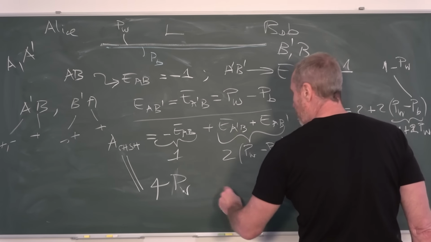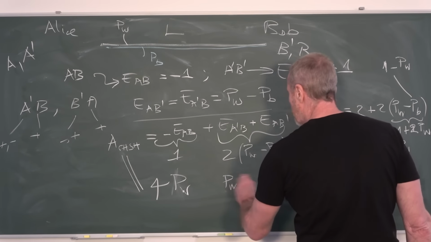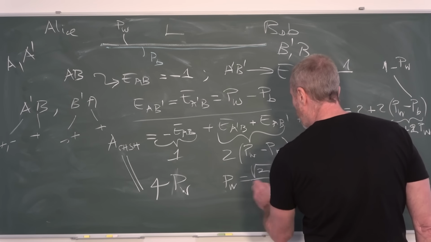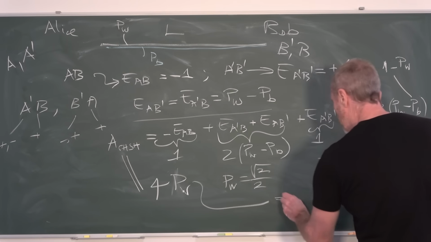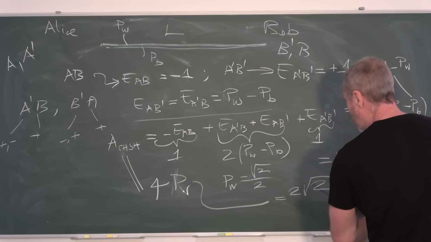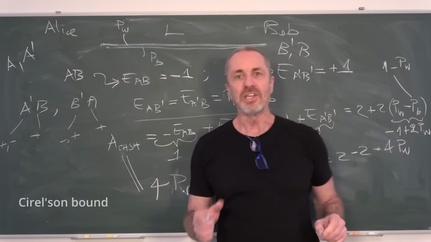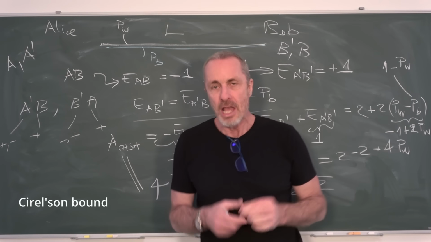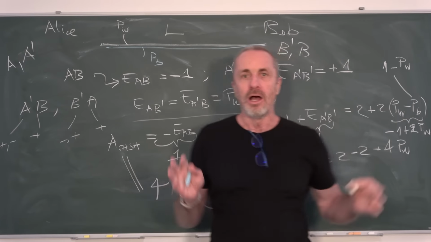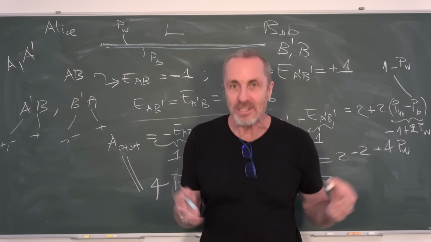And for instance, if we take P white to be square root of 2 over 2, then the violation will be exactly equal to 2 square root of 2, which is the so-called Tsirelson bound, which is the maximum value in quantum mechanics. So I think we have now correctly addressed the objection.